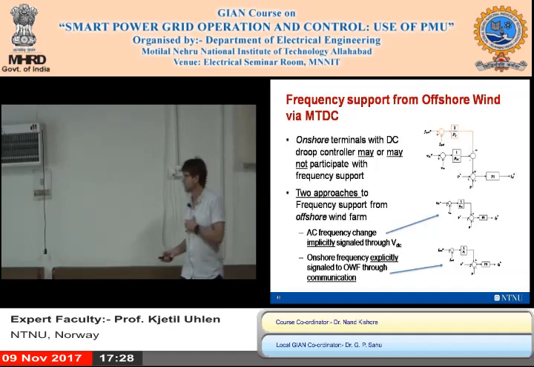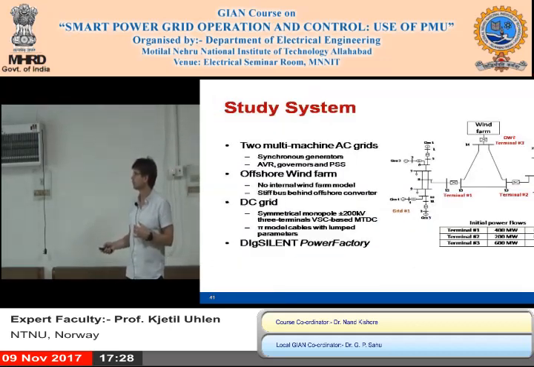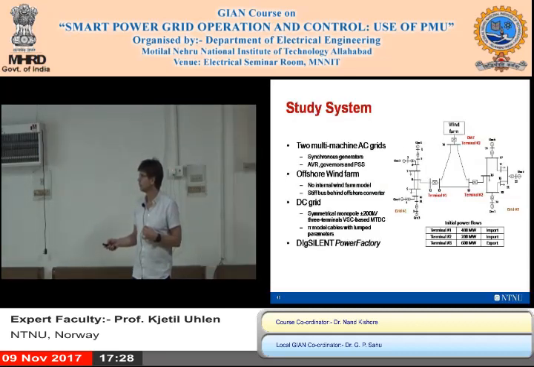So a similar example again, two AC grids having different frequencies and the wind farm feeding in. This could be a wind farm, for example, feeding into England on one hand and Germany or the Netherlands on the other side through the network.